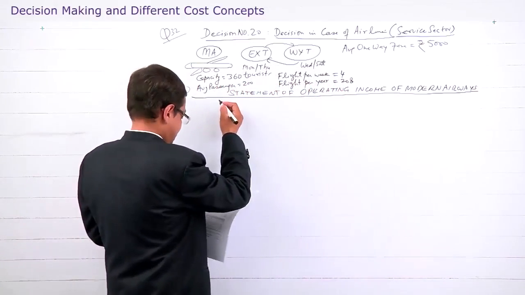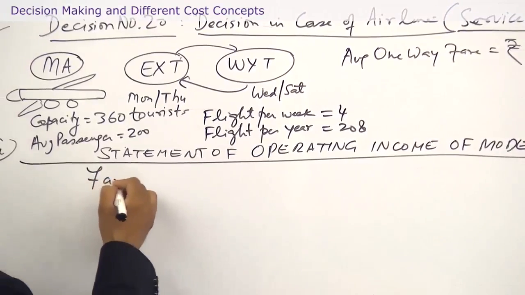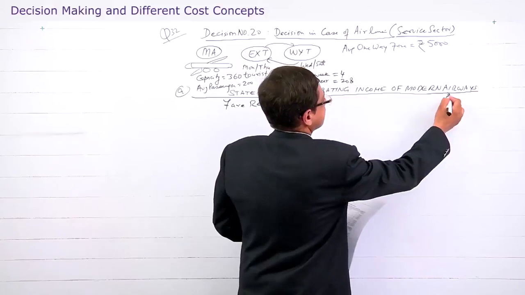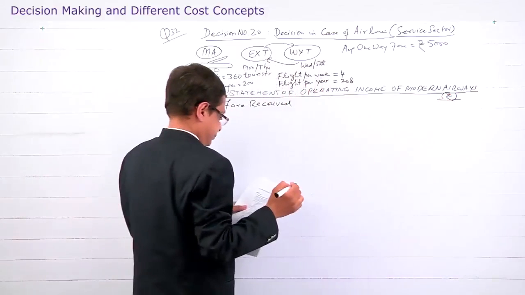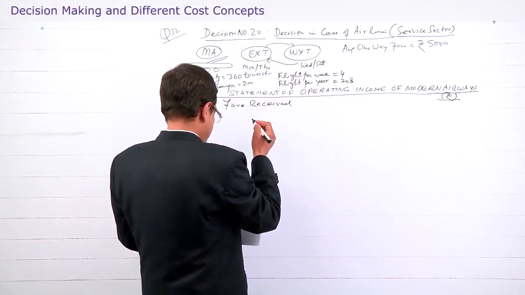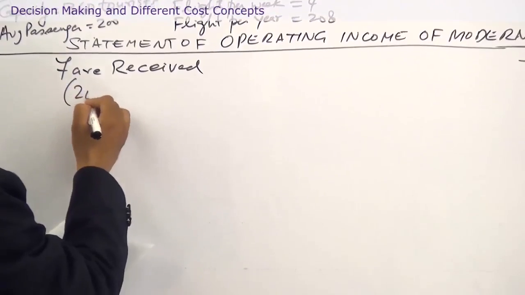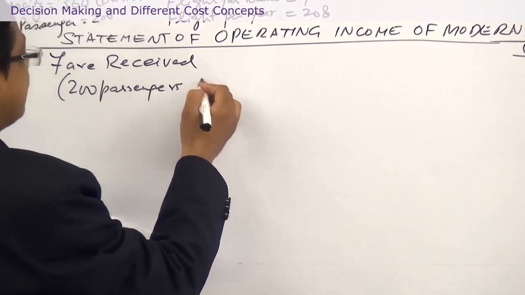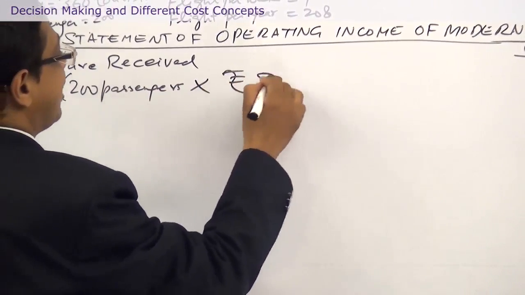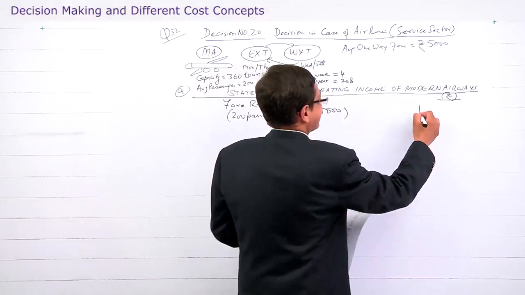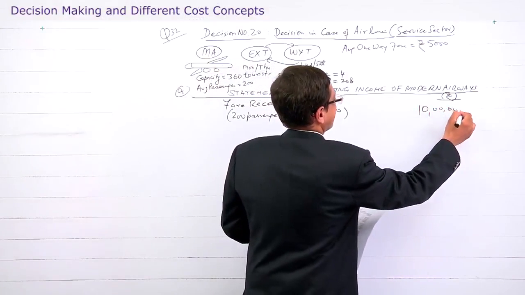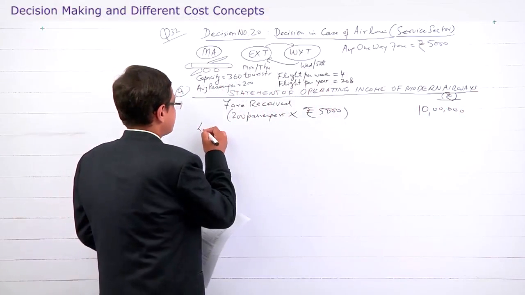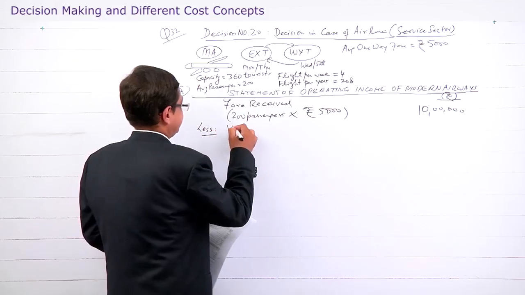So what fee you receive as fare? So fare received. What fare you receive for 200 passengers at the rate of rupees 5,000? So you get 10 lakh rupees, right? So if you get 10 lakh rupees, what is the variable cost of the flight?